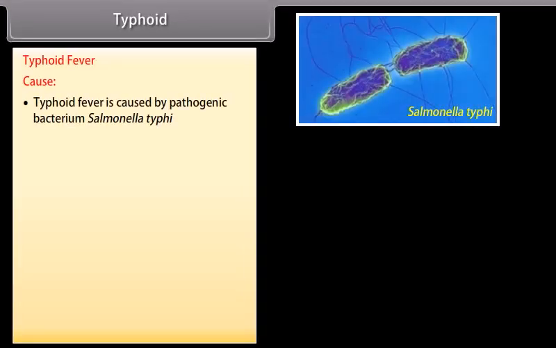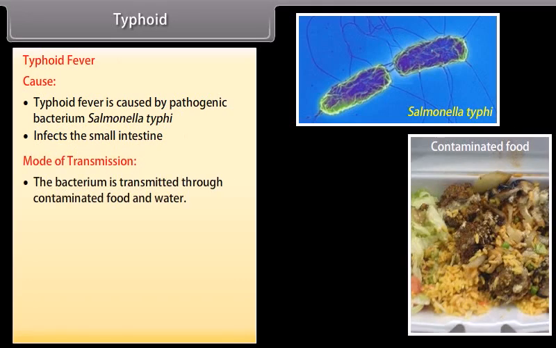Typhoid fever. Cause: typhoid is caused by the pathogenic bacterium Salmonella typhi, which infects the small intestine. Mode of transmission: the bacterium is transmitted through contaminated food and water.